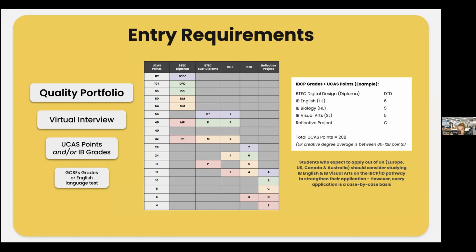And also IB Visual Arts is another course that would be really useful to study in the BTEC Digital Design pathway. It'll strengthen their application. They can use some of their IB Visual Arts work in their portfolio, so they've got some traditional techniques in there as well. And the IB English is a really good way for them to demonstrate that they have basic English skills as an international applicant.